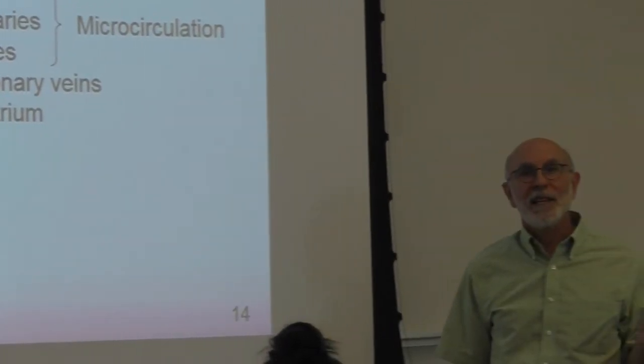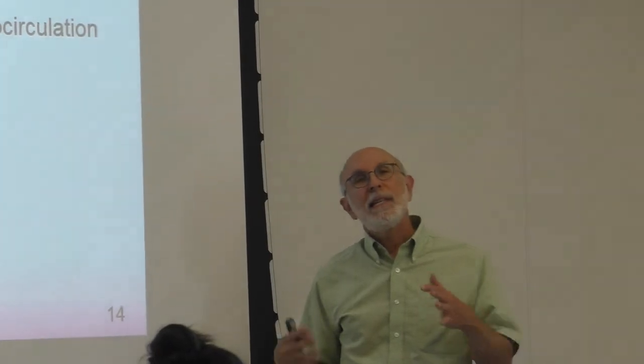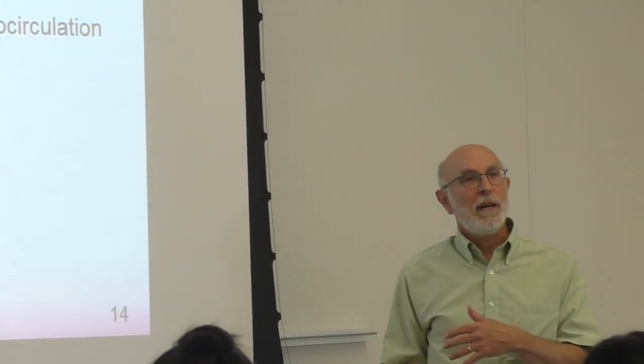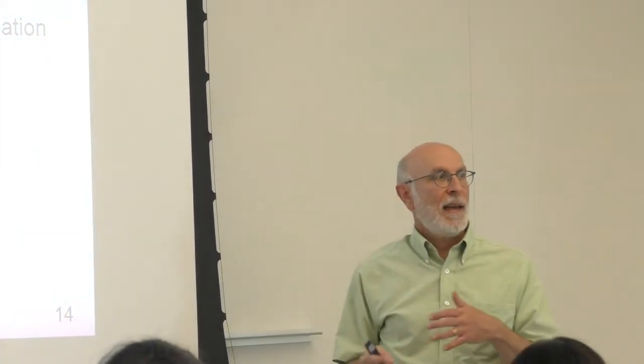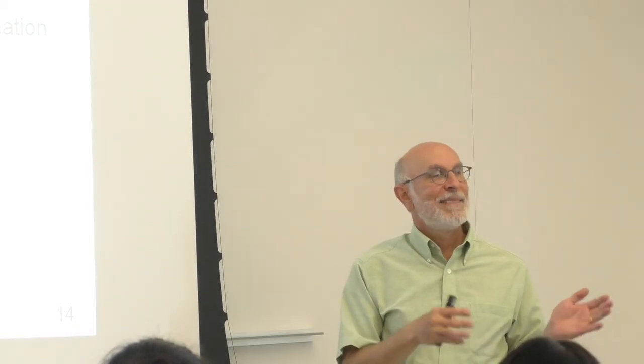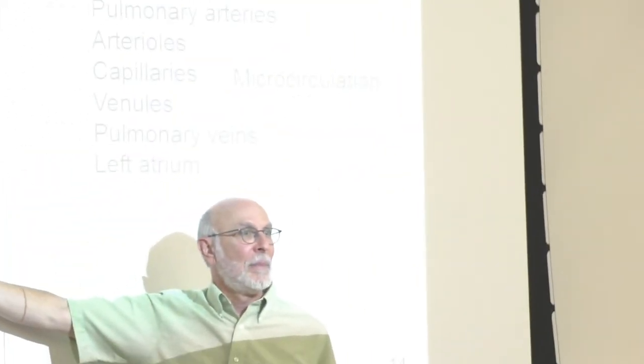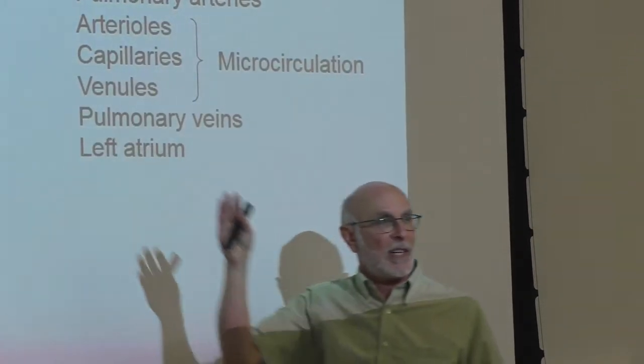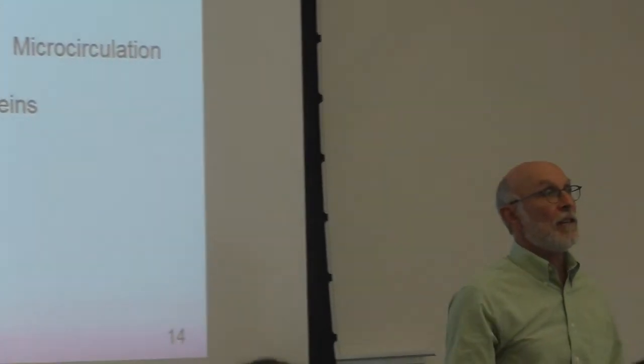Now there's a confusing thing. Wait a second. Isn't arterial blood oxygenated and venous blood deoxygenated? That's true in the systemic circulation, but it is wrong in the pulmonary circulation, because the correct definition of an artery is a tube that takes blood from the heart.